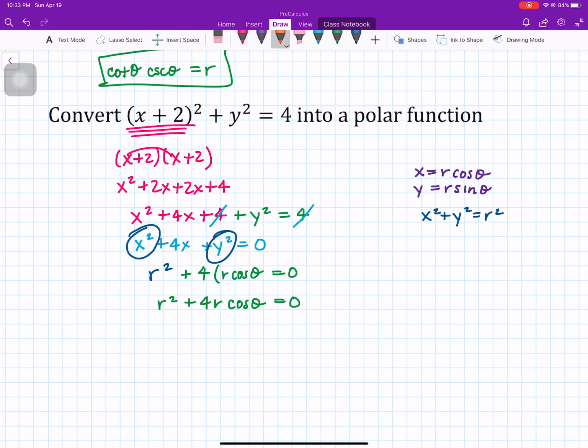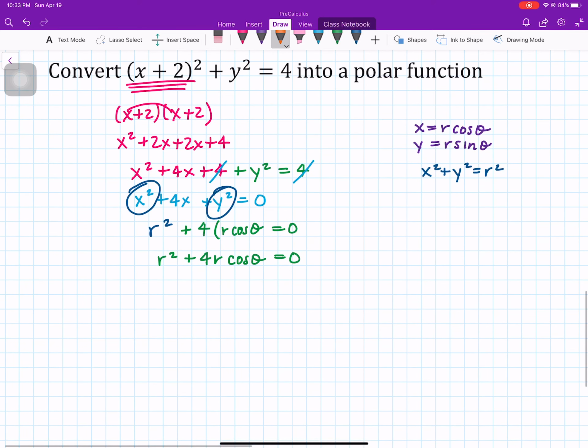So now this problem is a little bit strange. It is equal to 0, so we can factor it. When we factor it, we factor out the GCF of r. So we have r equals 0, and then r plus 4 cosine theta equals 0. Now r equals 0 is just a point. It's literally the point in the center because it's a circle with a radius of 0.